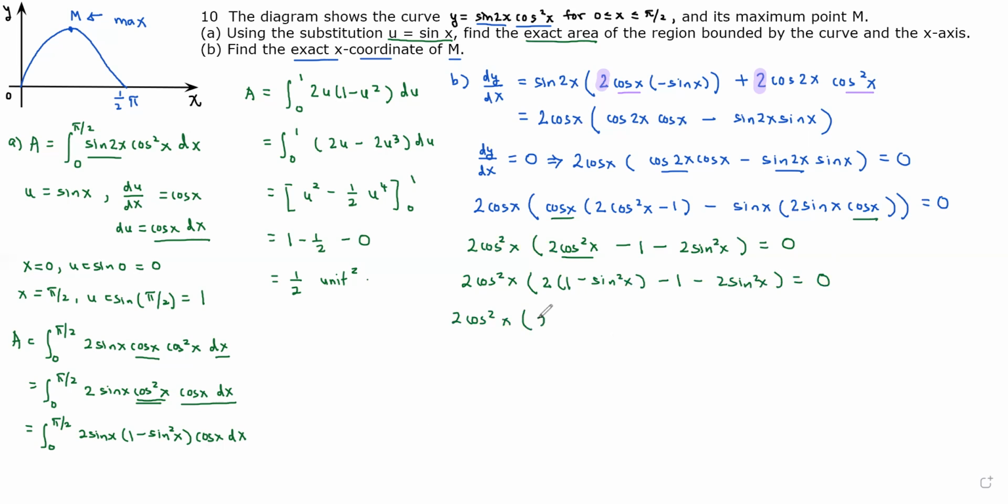And this turns into 2 minus 2 sine square x minus 1 minus 2 sine square x equals 0.